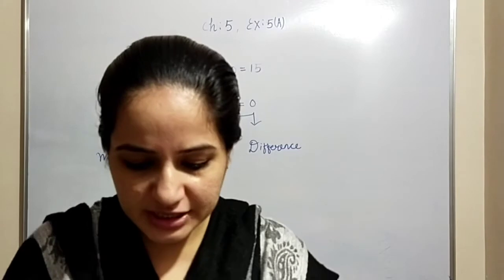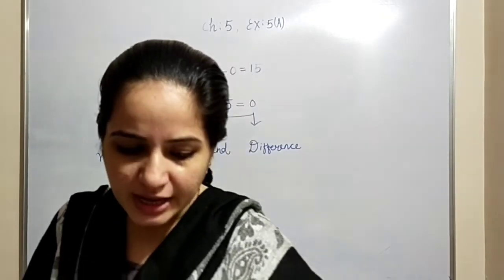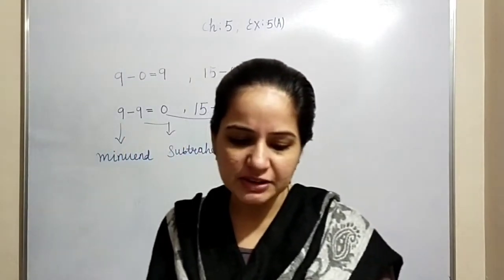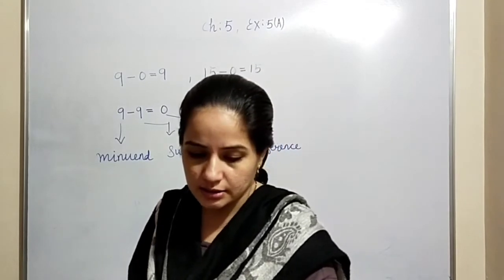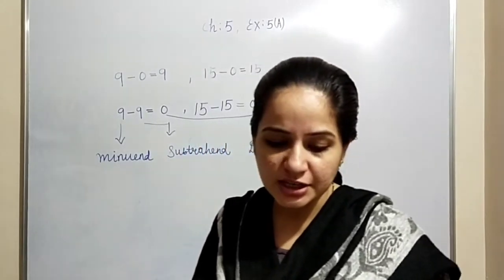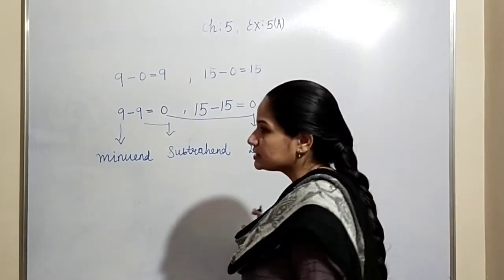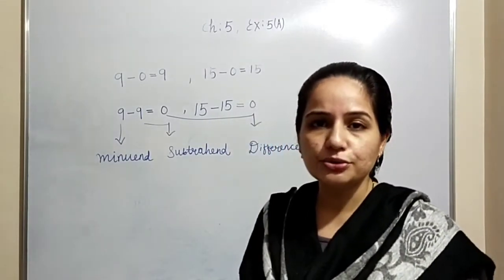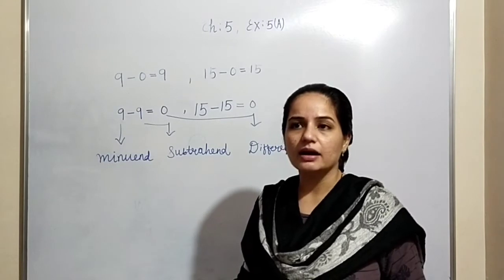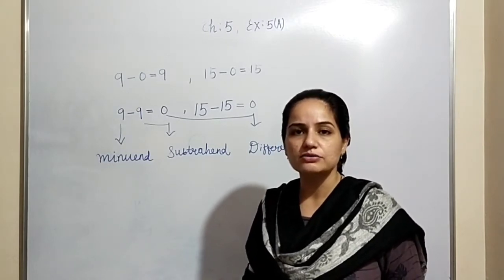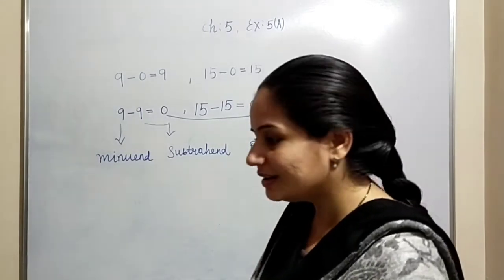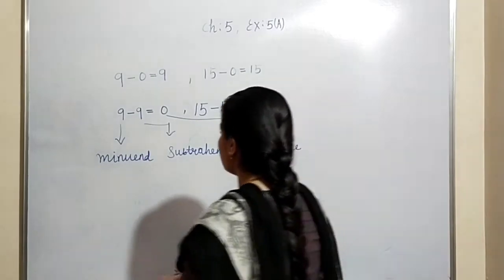Now we will move to exercise number 5A, in which you are given some sums of subtraction without borrowing. Some of the sums I'll do from the exercise and the rest you will have to try to solve on your own. We'll do question number 1A.